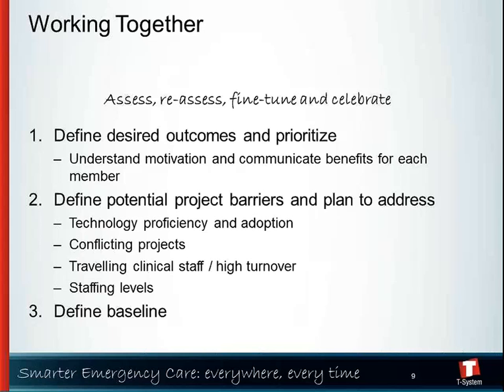Are you going to have to train new people 3 weeks after you go live? You're going to want to pay attention to that. And then again, general staffing levels. Going live on July 4th weekend when volumes are high and staffing is low may not be the most optimal timing. And then it's important to define where you are right now. Collect as many metrics as you can now so you know where you want to go.